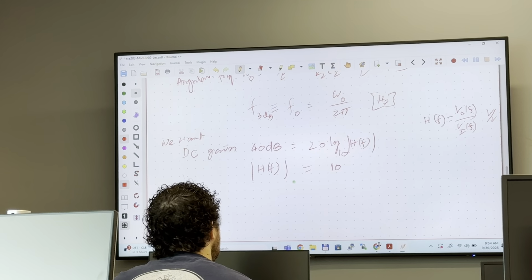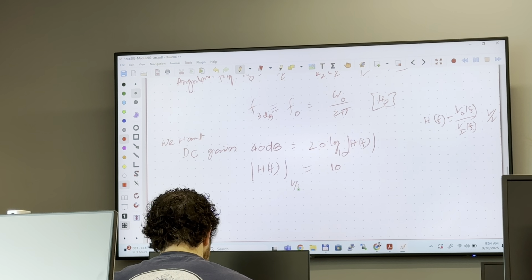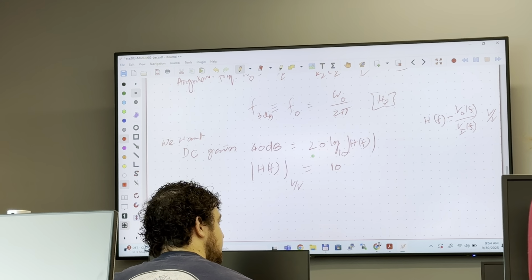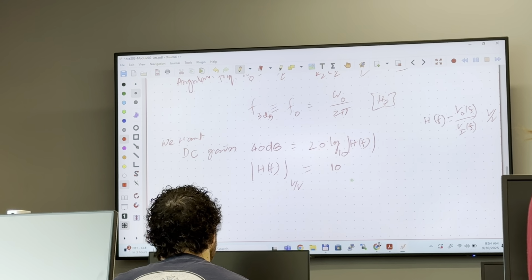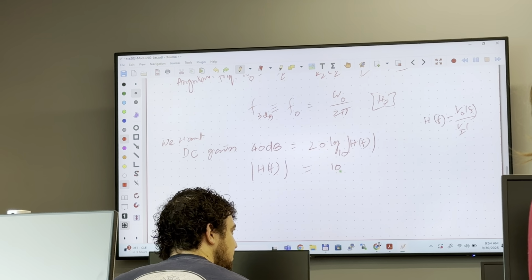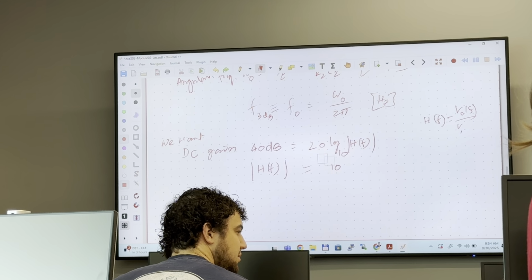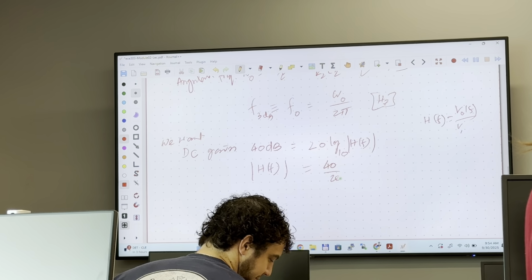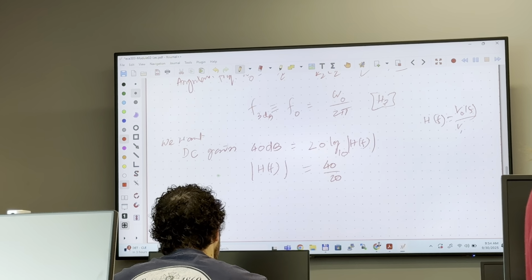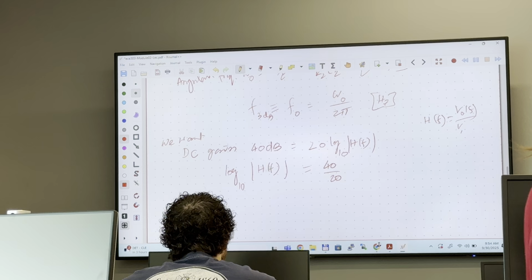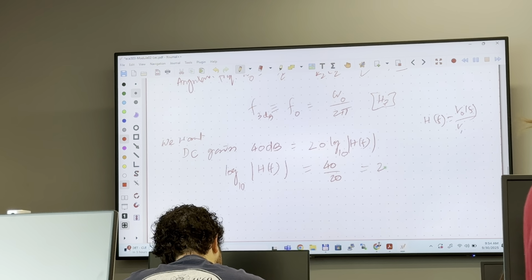So it is going to be 40 divided by 20, which is 2.